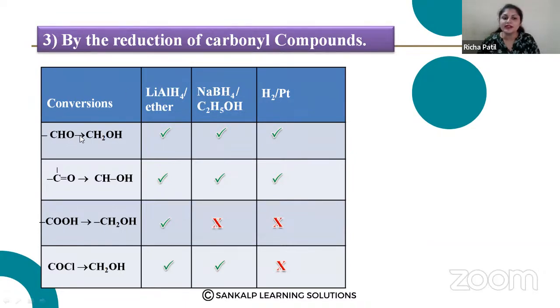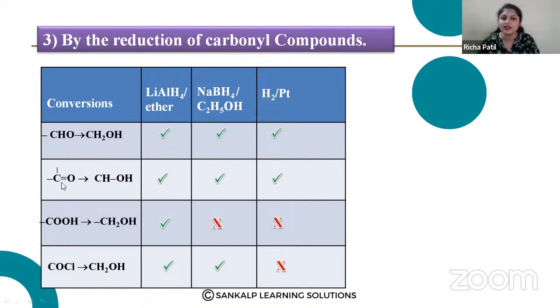So first, if you want to convert aldehyde to primary alcohol, you are going to use reducing reagents like lithium aluminum hydride in the presence of ether, sodium borohydride in the presence of ethyl alcohol, and the next reagent is H2 in the presence of platinum. So by using these three reagents, you can convert your aldehyde into primary alcohol.